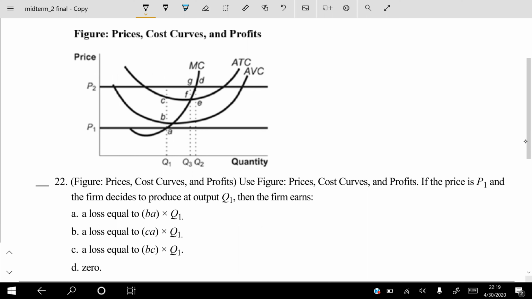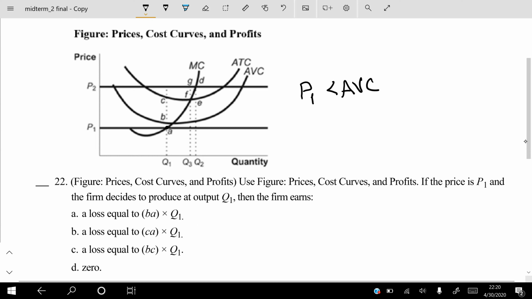Well, here price is intersecting marginal cost, but it's below, right? P1 is below average variable cost and the intersection of average variable cost and the marginal cost.